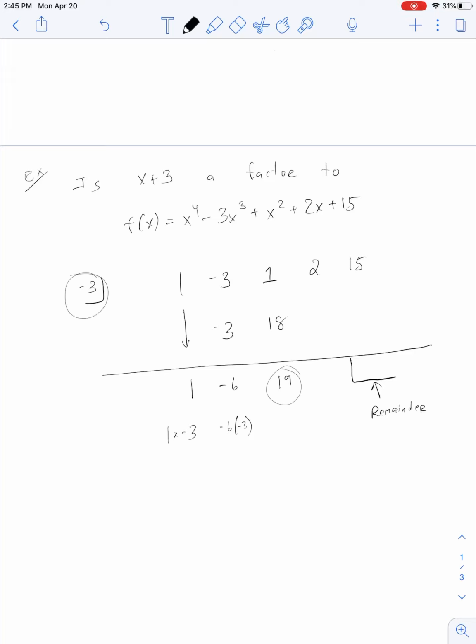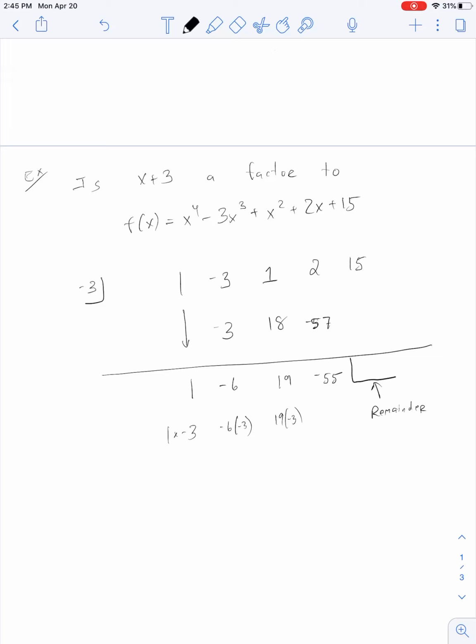And we multiply those two. All right, we have 19 times our -3. That gives us a -57, which goes up here. Once again, we do some addition. That gives us a -55.